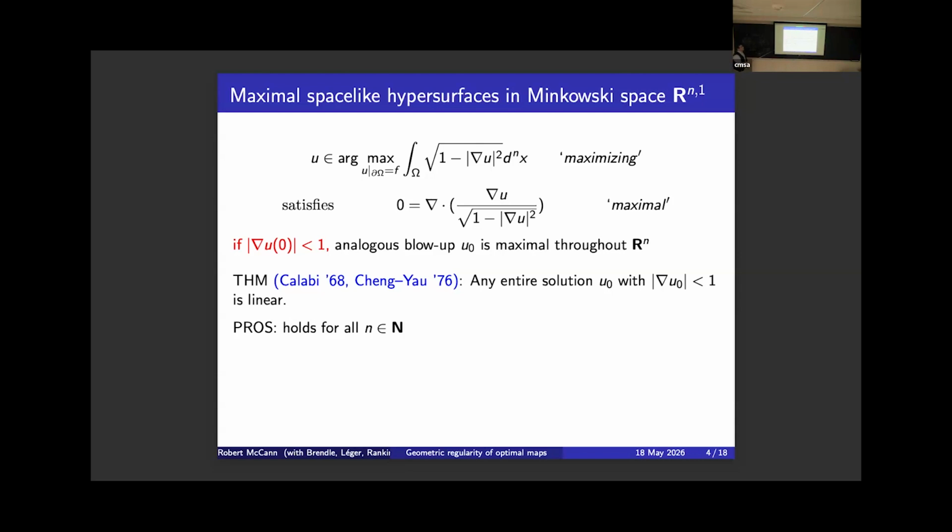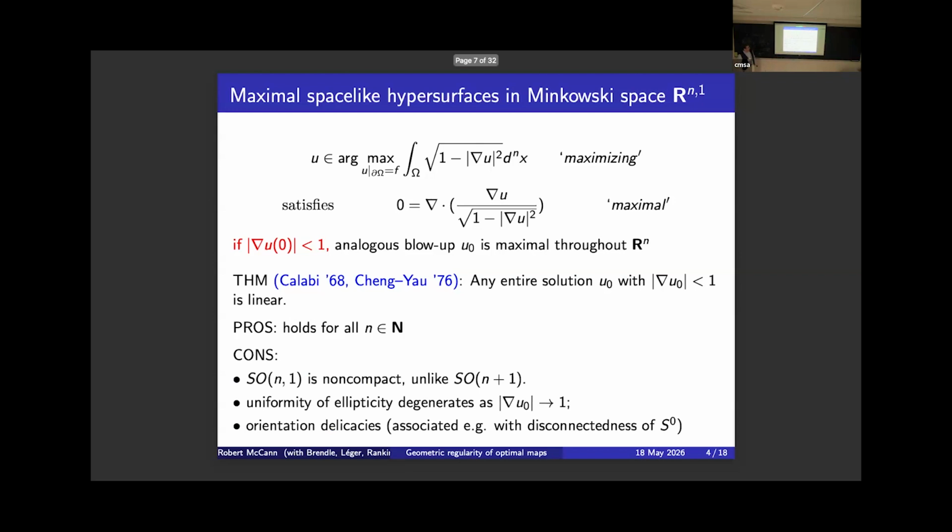On the other hand, there are things that are more complicated about this setting. For example, the ellipticity degenerates when the magnitude of the gradient tends to 1. Another thing that is more complicated is that the symmetry group of Lorentz space is the Lorentz group, and it's a non-compact group.